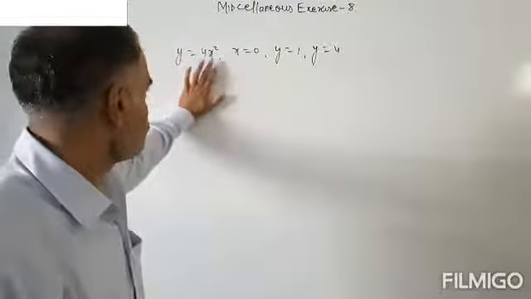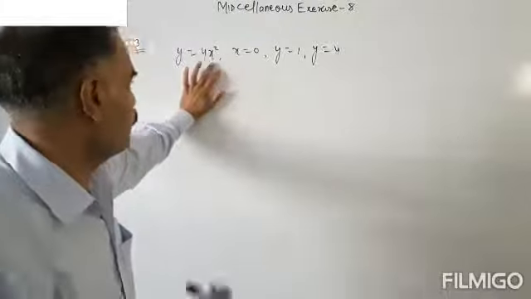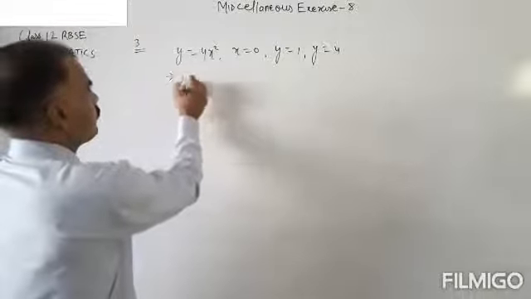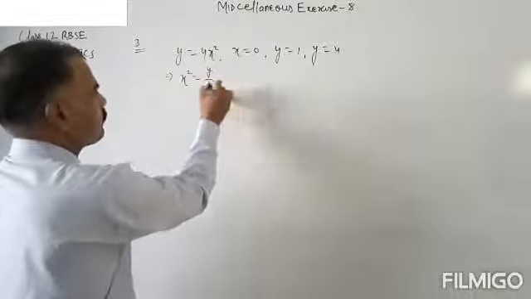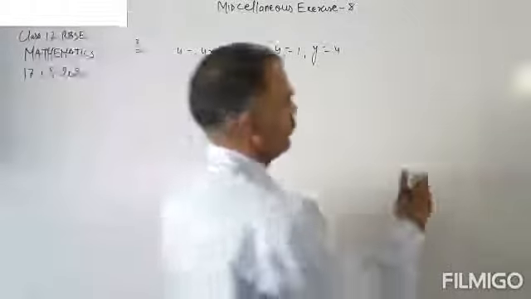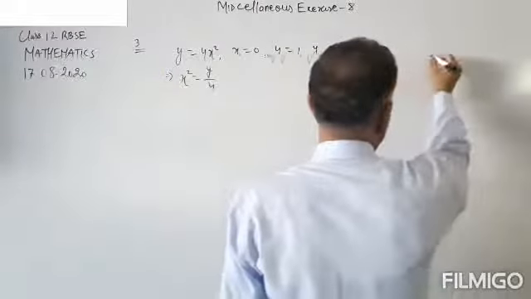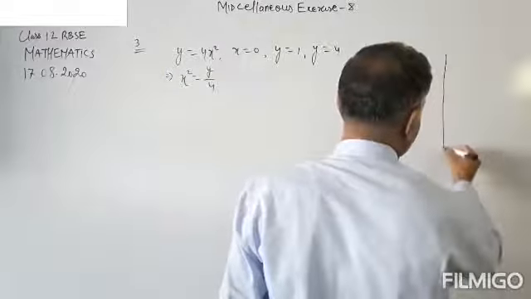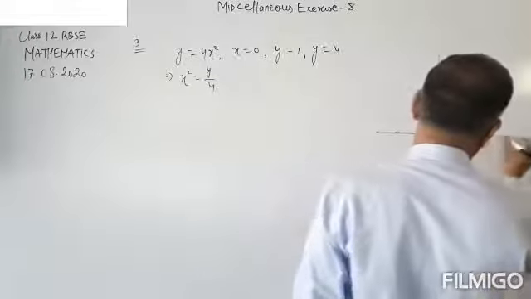The given curve is y equals 4x square, or x square equals y upon 4. You know this is a parabola, with the positive y axis as its axis.